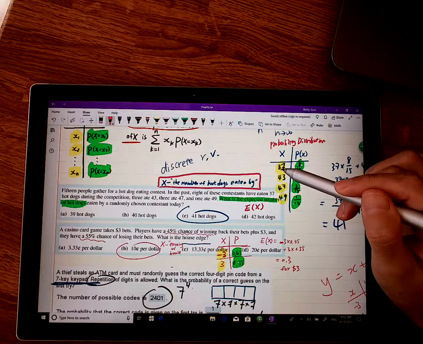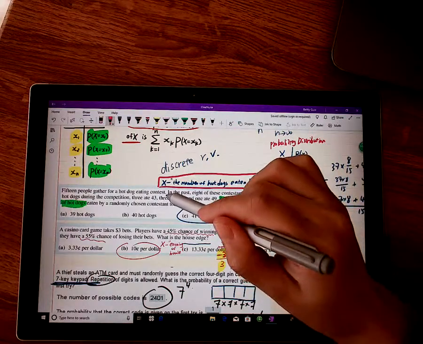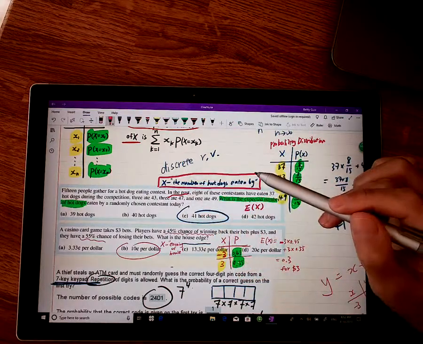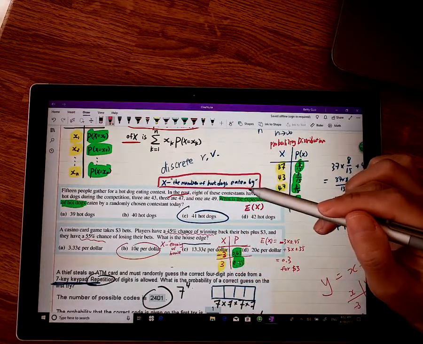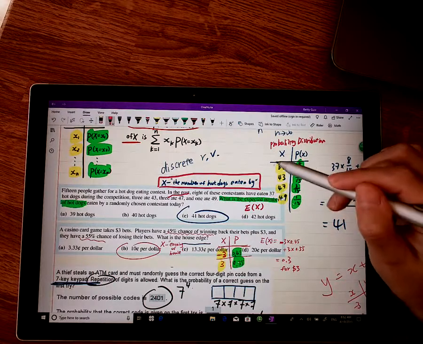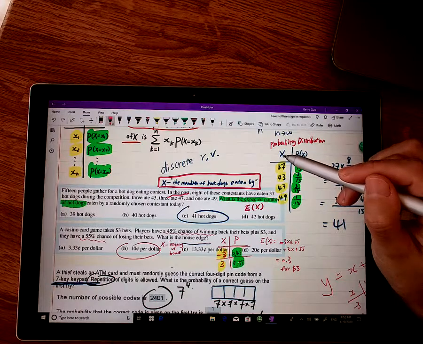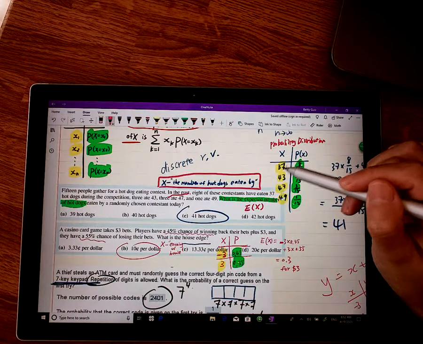All that we have are historical values from the past. 15 people gather for a hot dog eating contest. In the past, 8 of these contestants have eaten 37. So that means 37 was a value of X in the past. Do you see what I'm saying?